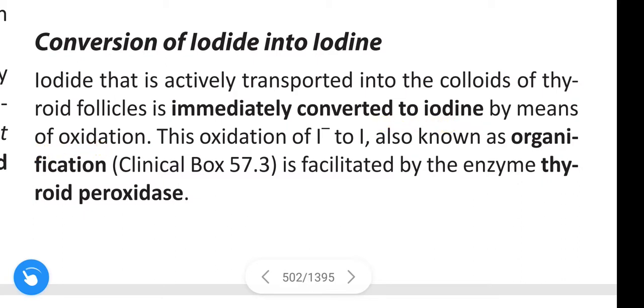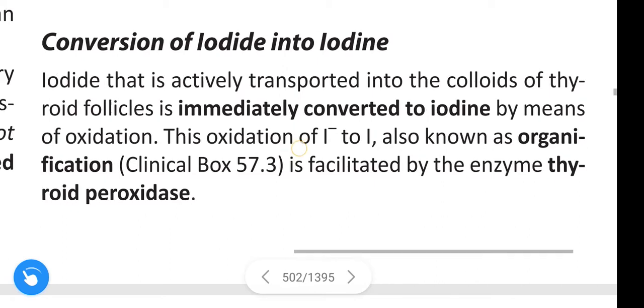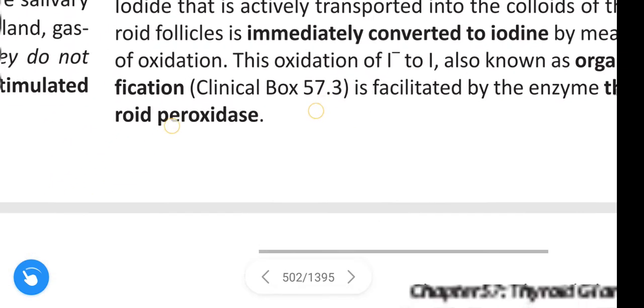This oxidation of iodide to iodine, also known as organification, is facilitated by the enzyme thyroid peroxidase.